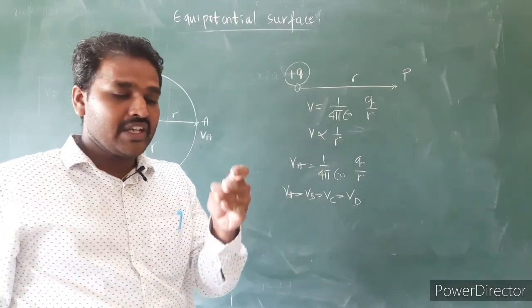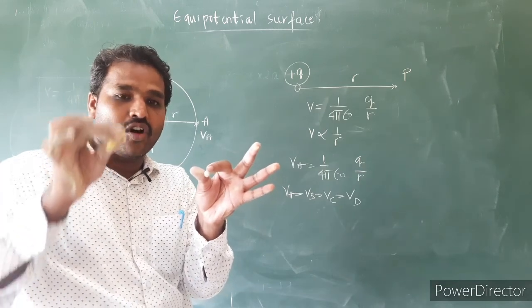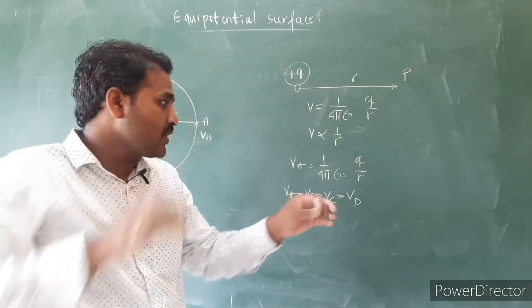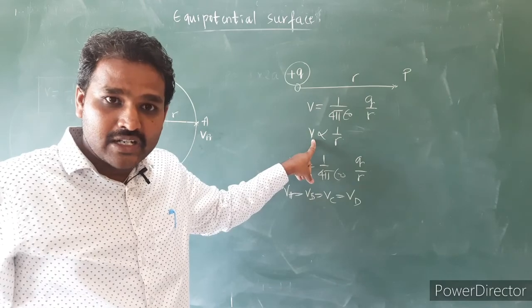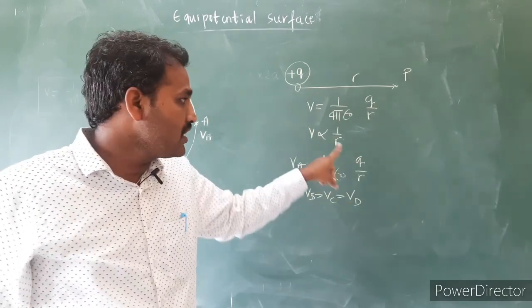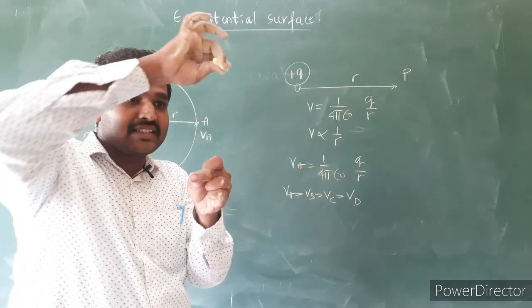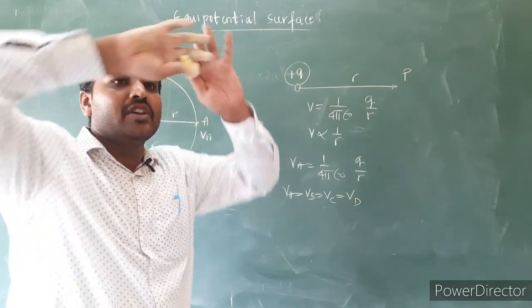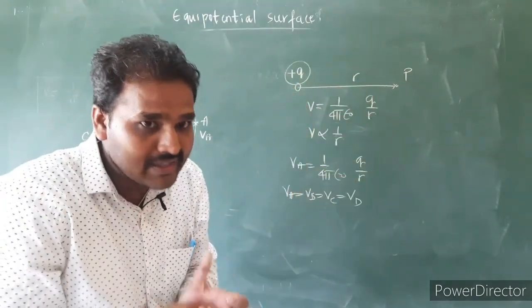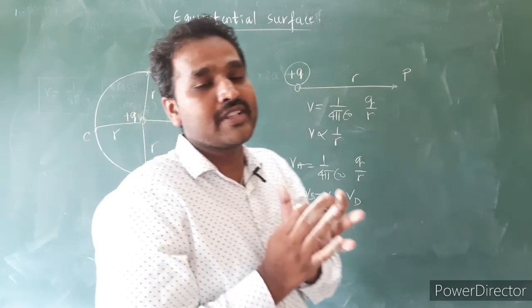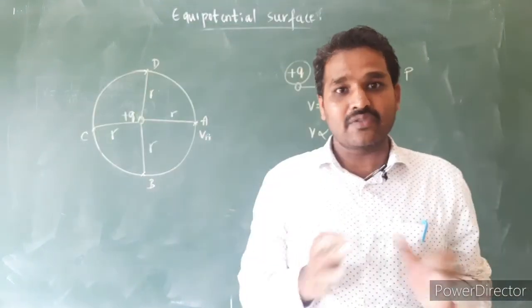If this is my source charge and you have all the points at the same distance, we have clearly seen here the electrostatic potential is just a function of the distance. If the distance is the same, if you consider a very large number of points like that and join all the points, that will form a spherical surface.